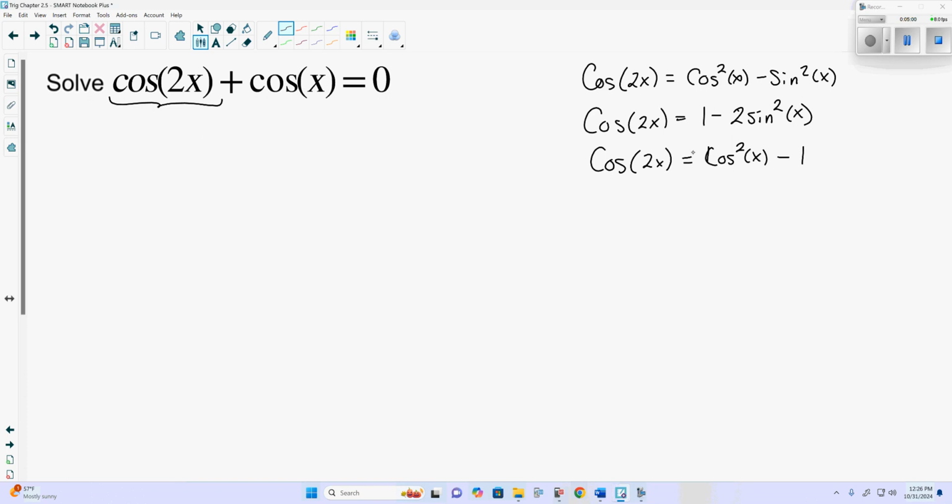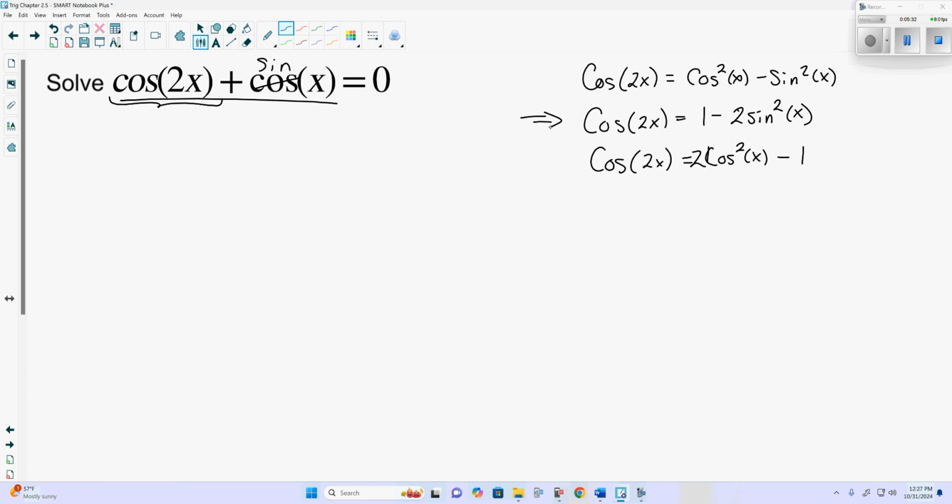Almost, I forgot the 2. 2 cosine squared of x minus 1. We have these 3 different equations for cosine of 2x that we can use. Now the one we want to use is probably going to be the one that helps us keep this in terms of cosine. Now if one of them had sine, if it had been cosine of 2x, and this instead of cosine had been sine, we might want to use the middle one because it would get us in terms of sine.